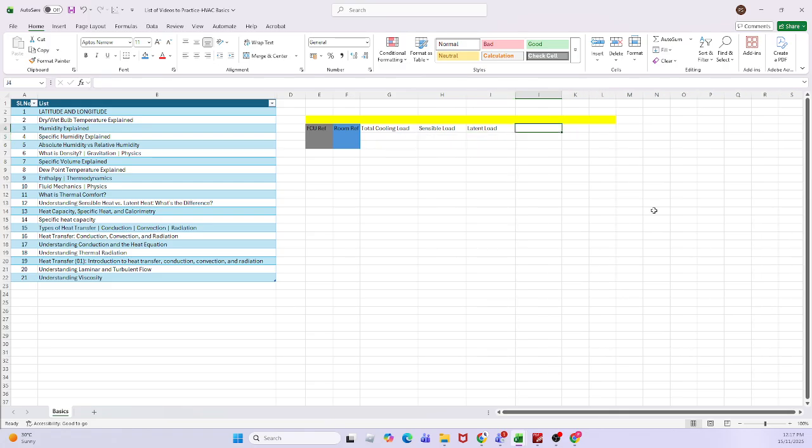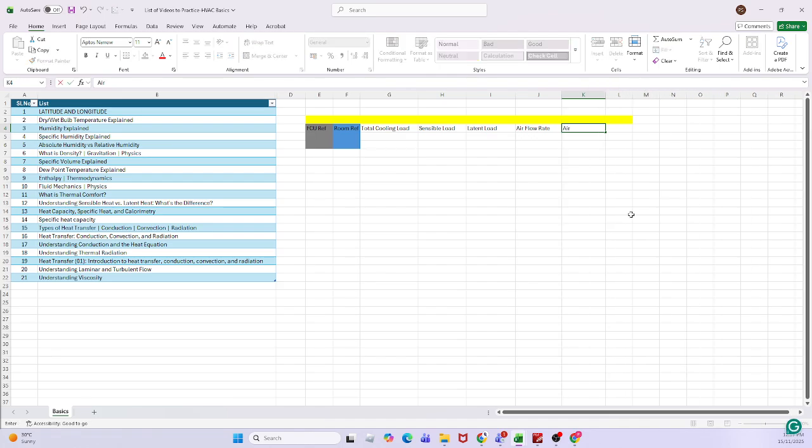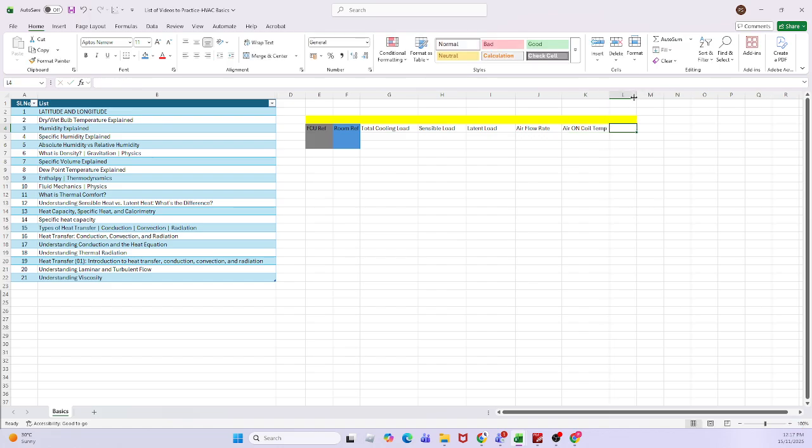Then you have the airflow rate. Then you will have the air on coil temperature, and the air off coil temperature, on coil and off coil temperature.